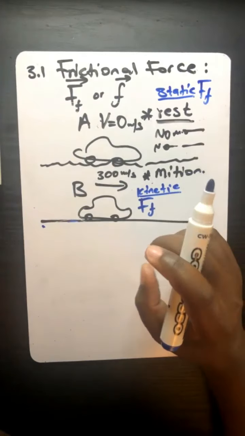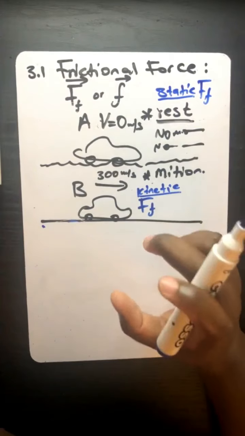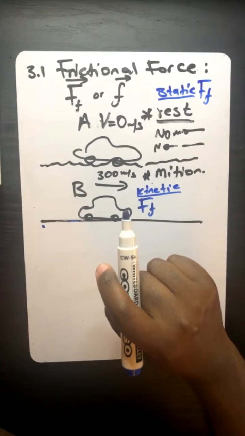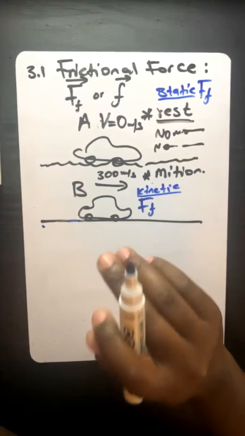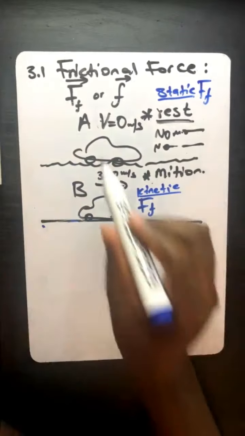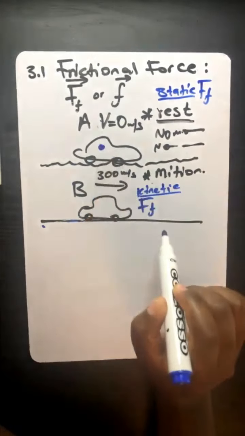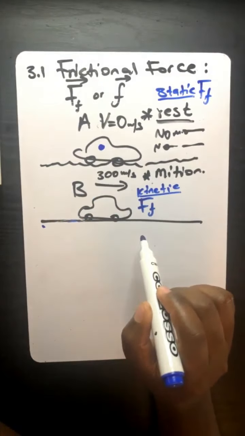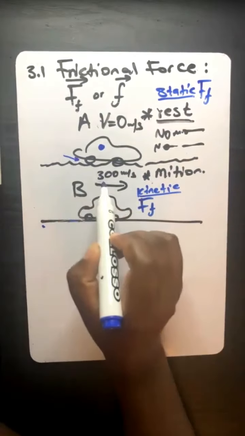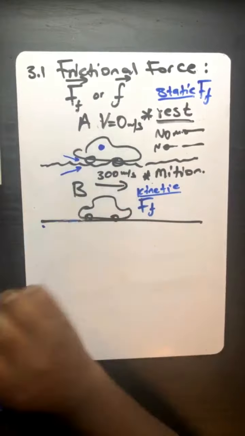Ladies and gentlemen, the coefficient of friction depends on the material of two surfaces that are in contact. So in this case, we've got the car, which is the first material. Obviously, it is the tire of the car which is in contact with the surface.